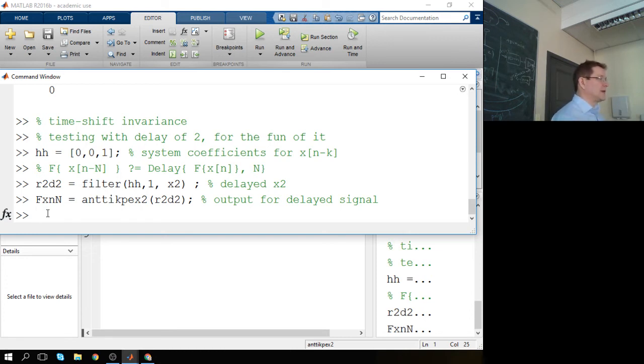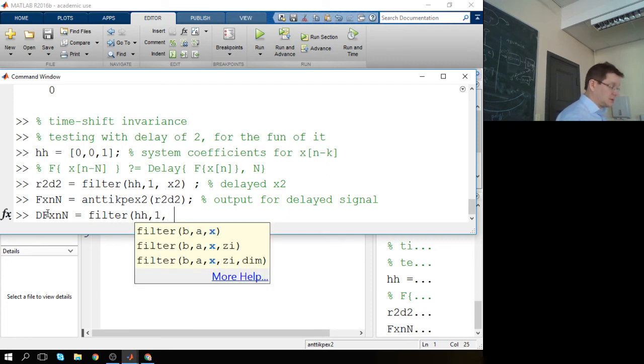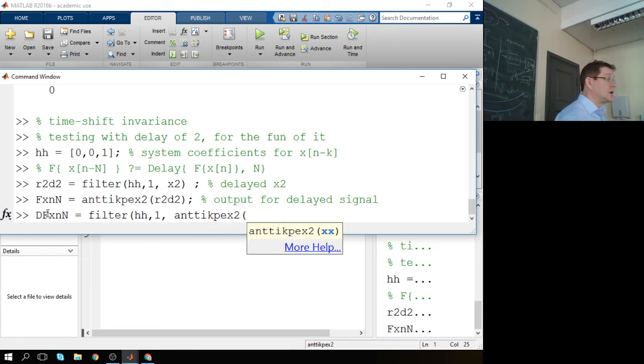And then we calculate the output without the delay and delay that one. So dfxn is basically, we have the filter after the function, so filter hh1, and the input is x2.